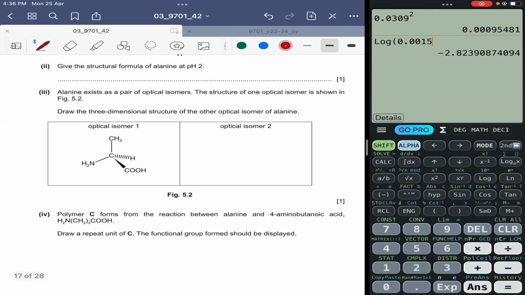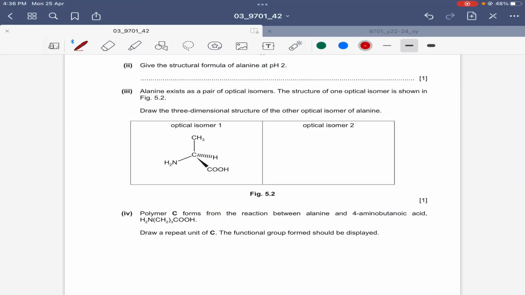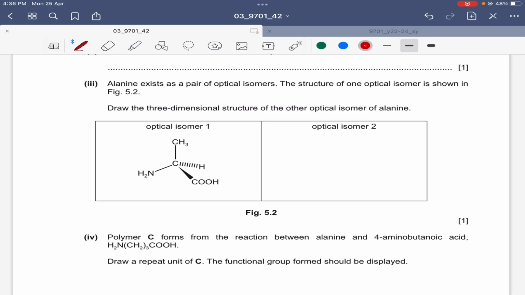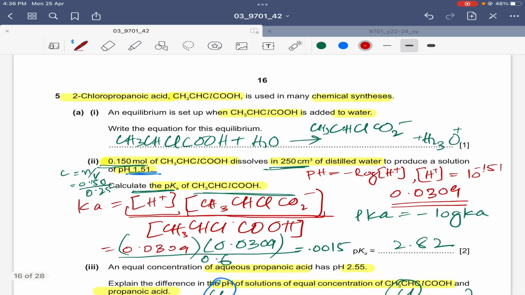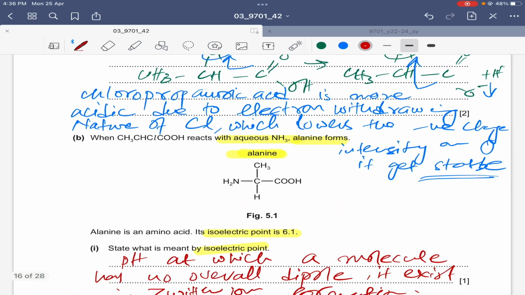All right, next part of the question: give the structural formula of alanine at pH 2. pH 2 is an acidic range, so that means we would have a large number of H+ ions. So COOH will exist in this form, unionized, and NH2, due to its lone pair, will also gain a proton.